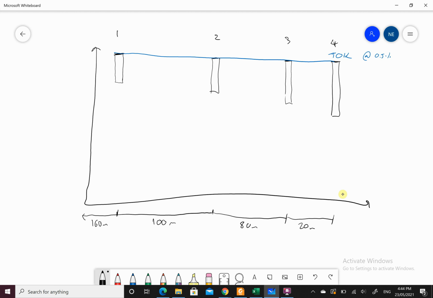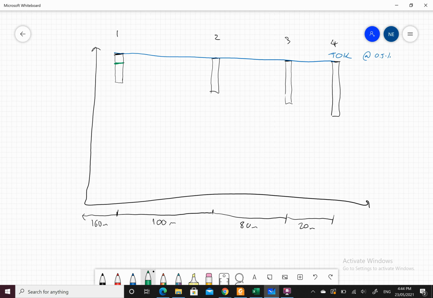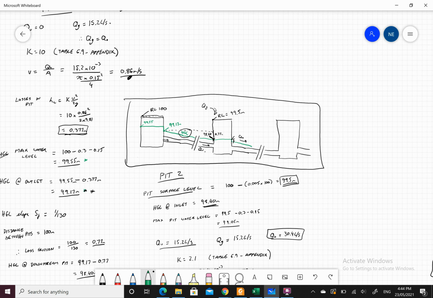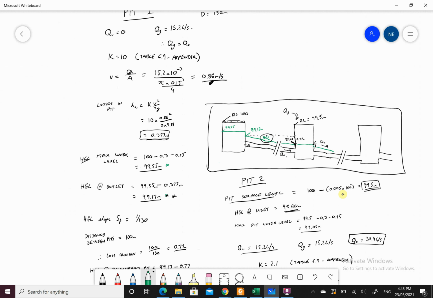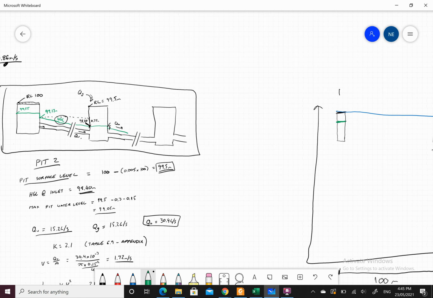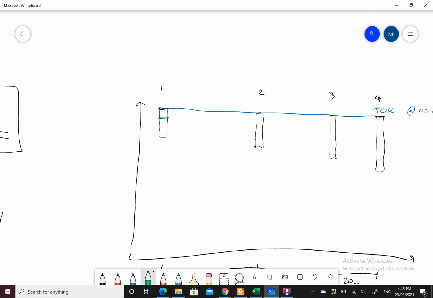Now, we worked out our hydraulic grade line. Let's do that in green. This is my hydraulic grade line. If I look at pit 1, my max water level is here, so this point here is 99.55.